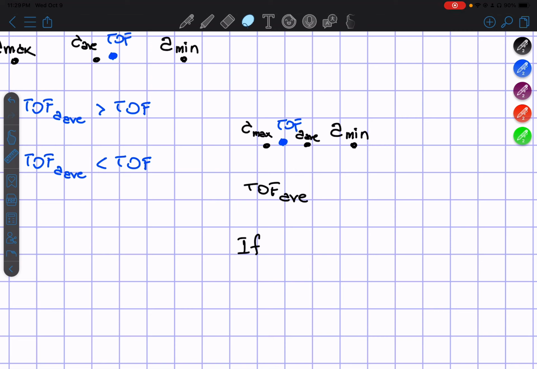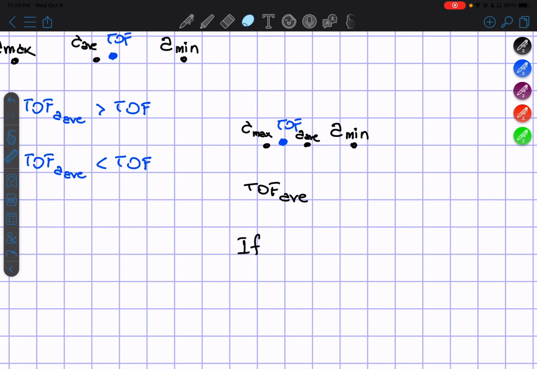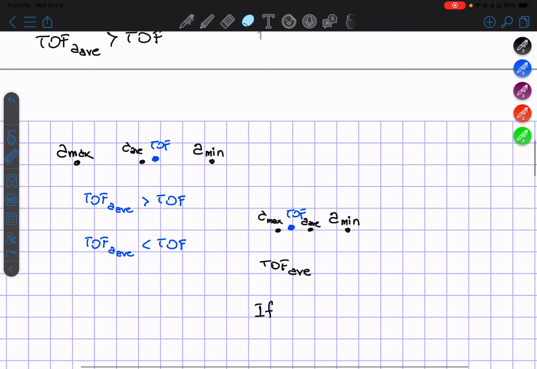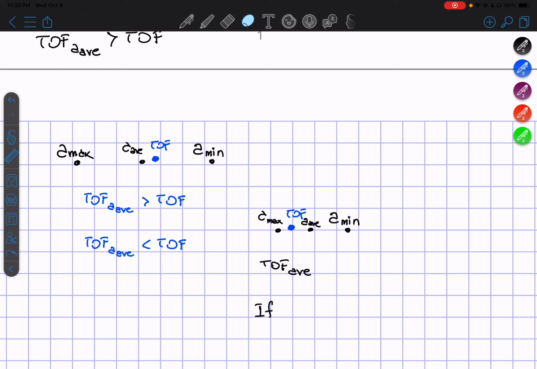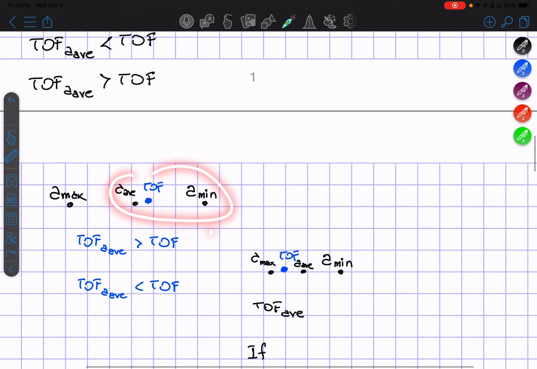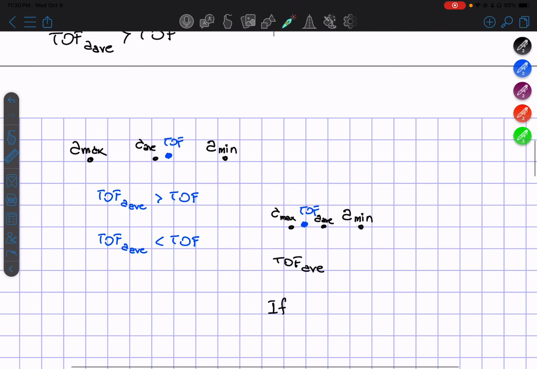And therefore, we have to cut down on the space in between the two of them by repeating this process of keeping one boundary from before and setting the other boundary as the new time of flight from the semi-major axis average, which can be either on the right side, in this case, or on the left side here. So at least for what I did, I'm gonna show you what I have with Python.